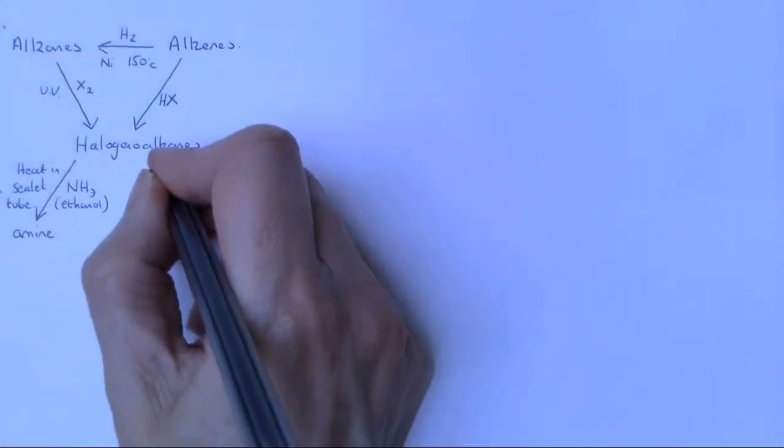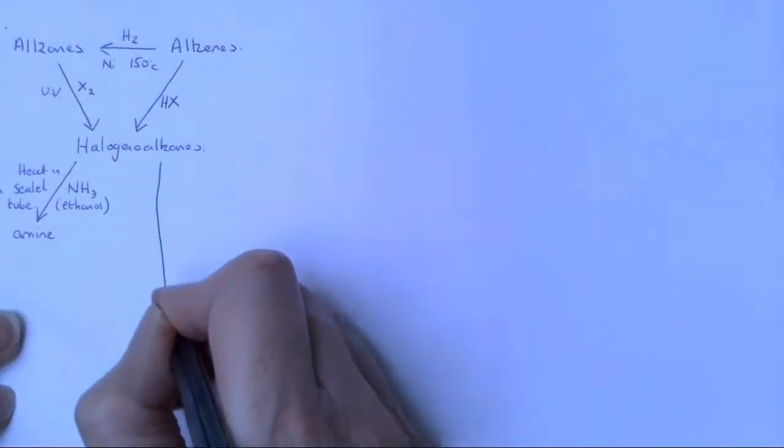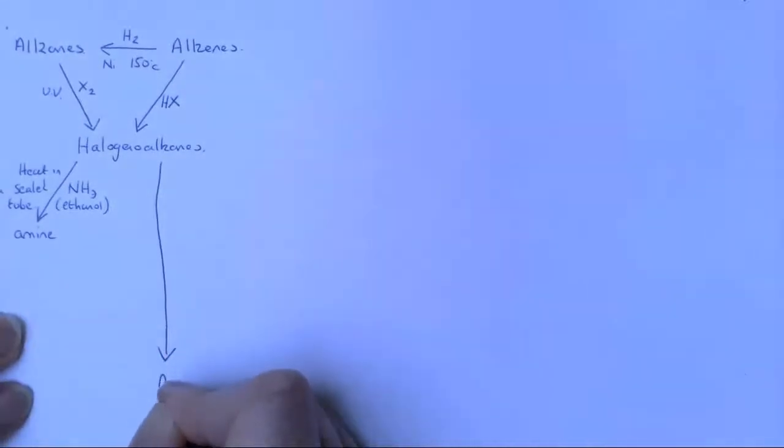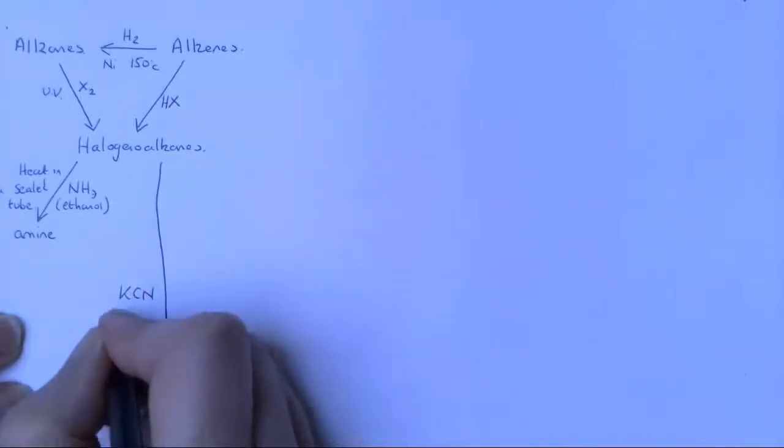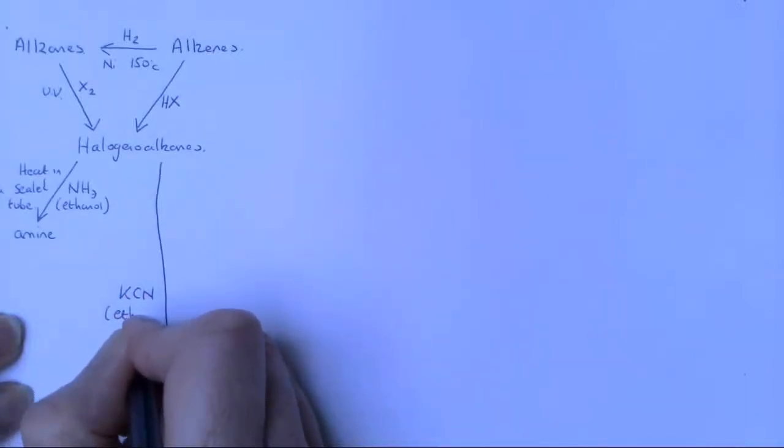Well, I'm going to come right down the page for this one. I can turn them into what's called a nitrile. And for this one, I'm just going to add KCN, potassium cyanide, again in ethanol.